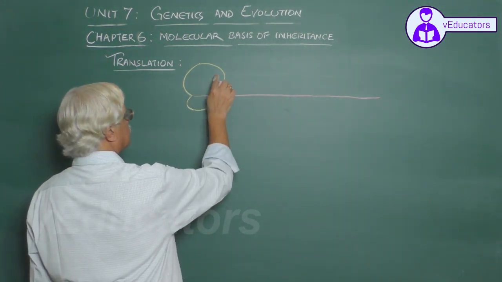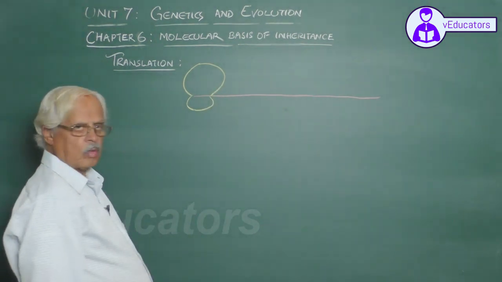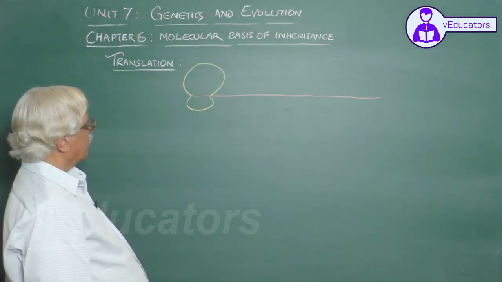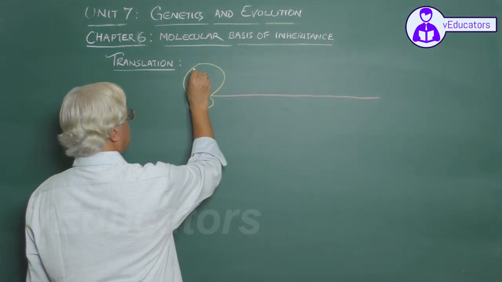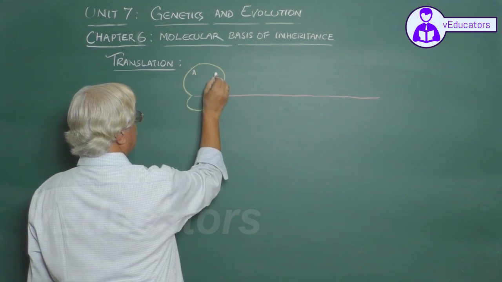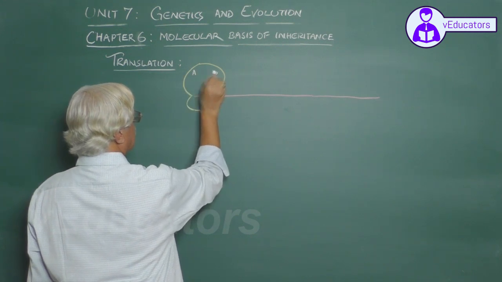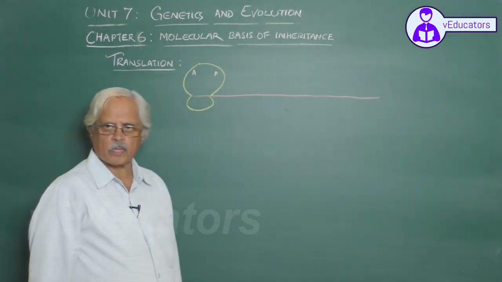In the ribosome, there are two sites. One is known as the A site, the other one is known as the P site.